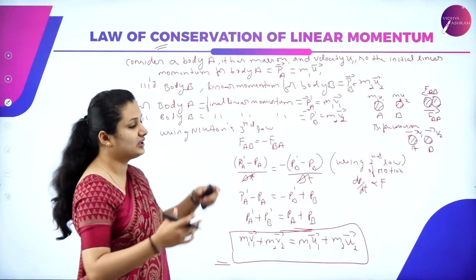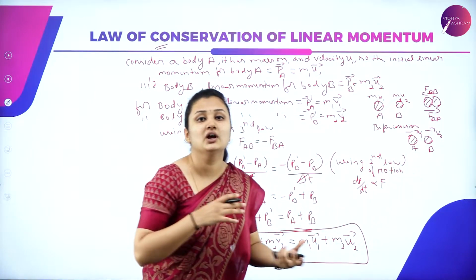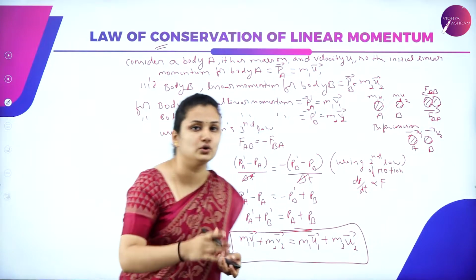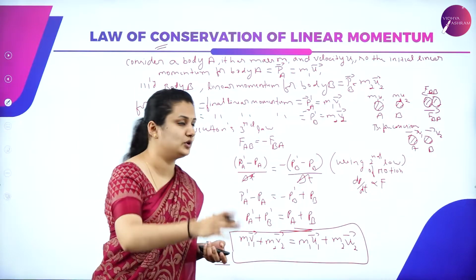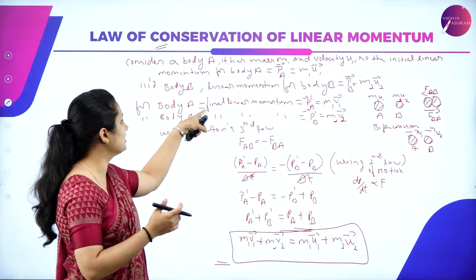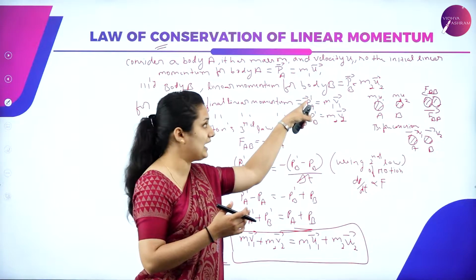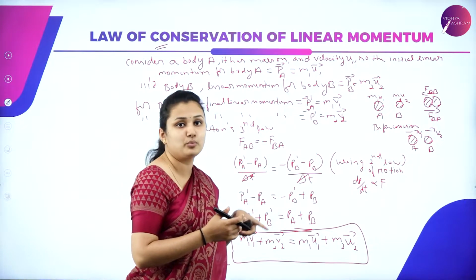After they collide, they move apart with velocity v1, v2. Mass will be m1 and m2. So, after collision, the final linear momentum will be given by PA dash for body A, and PB dash for body B.